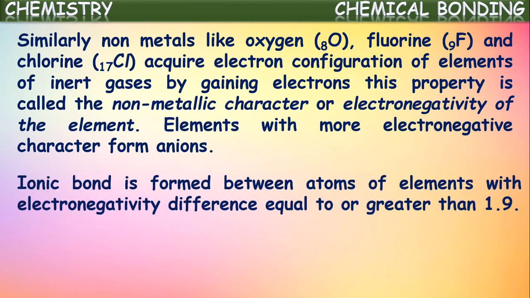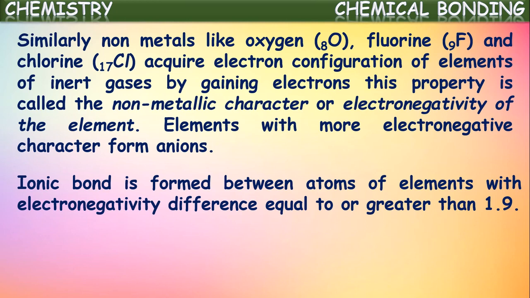Okay. So an ionic bond is formed between the atoms of elements with an electronegativity difference equal to or greater than 1.9. If the electronegativity difference between the two atoms participating in the bond formation is greater than or equal to 1.9, then transfer of electrons occurs between those two atoms.